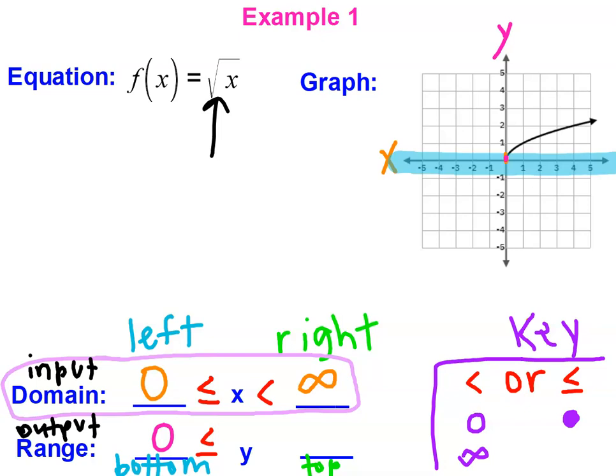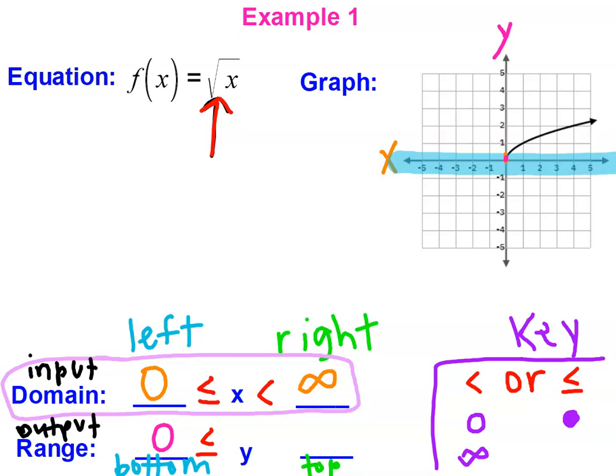So looking back at the equation, what's the largest number you could get from the square root of x? Is there an x value, an input, where it would eventually stop giving you an output? Or can you take the square root of anything that's positive forever and ever? Well, think about it. Square root of 100, 10, right? You just keep going up and you're still going to be able to get outputs for any input, as y increases over time.